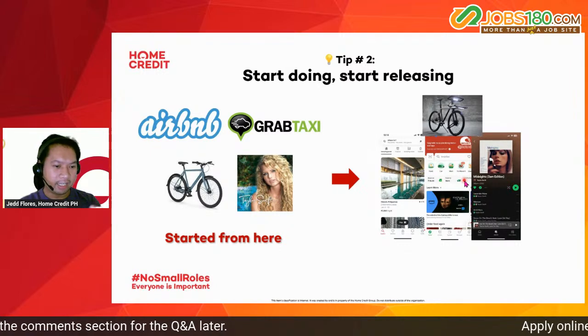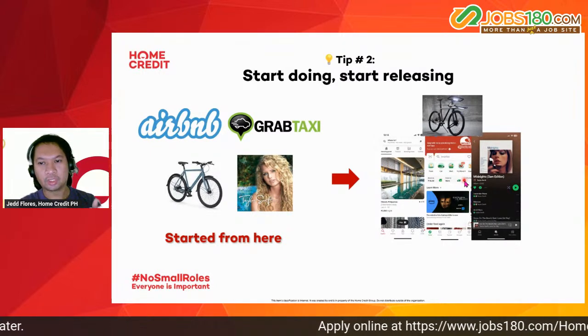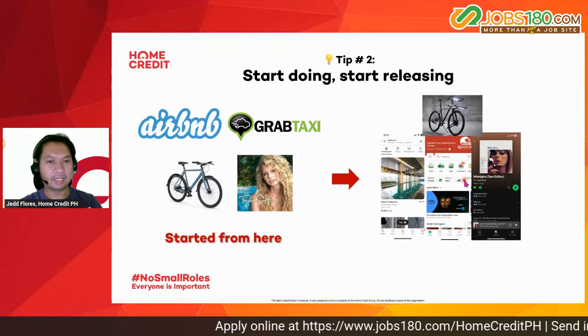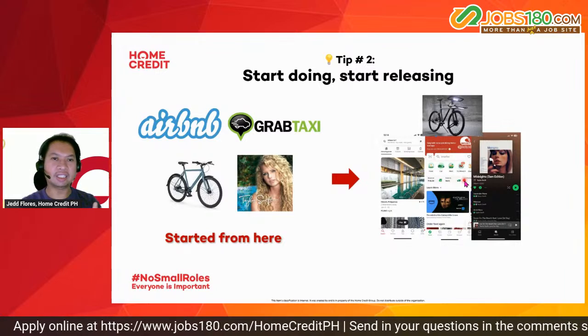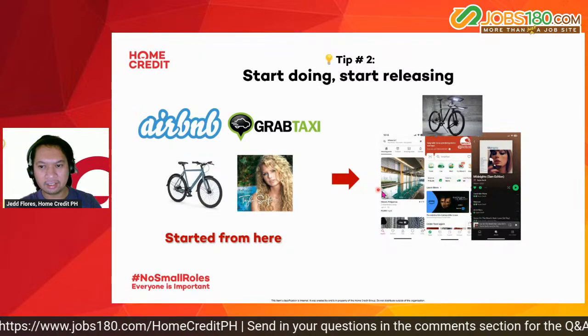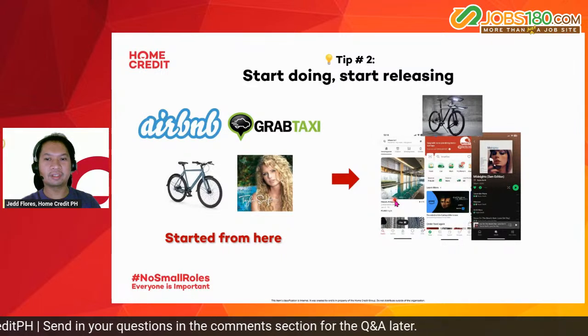You can now buy food, you can now buy groceries, you can now do deliveries. And it really started from just addressing a need and then innovating along the way. And in the case of Taylor Swift, she started as a comic. Now she transitioned into pop and is one of the biggest artists, arguably, in the world.